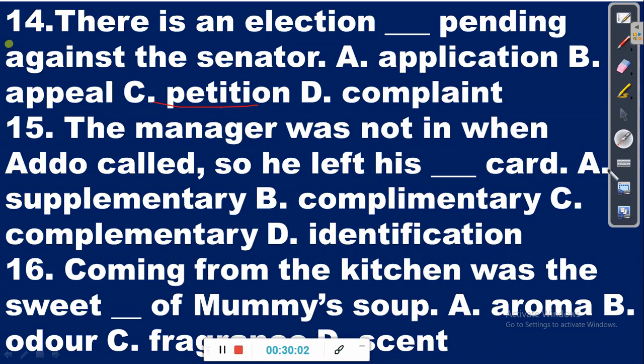So let's now begin to examine them one by one. Again, you can see here that we are looking at vocabulary. Vocabulary refers to the words in a language, but vocabulary has three different ramifications. Denotative meaning is the general meaning of that word.